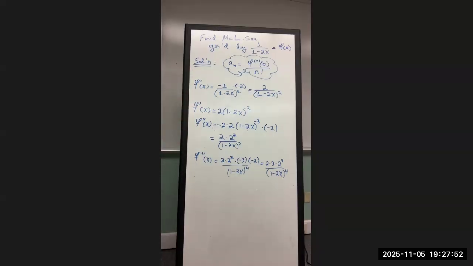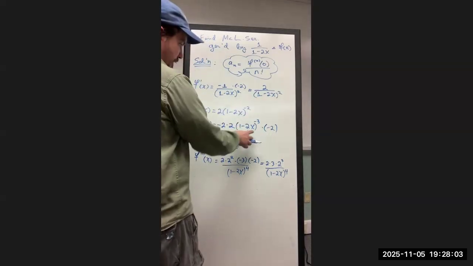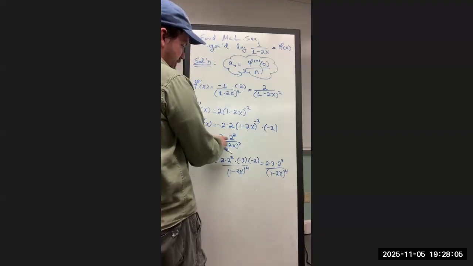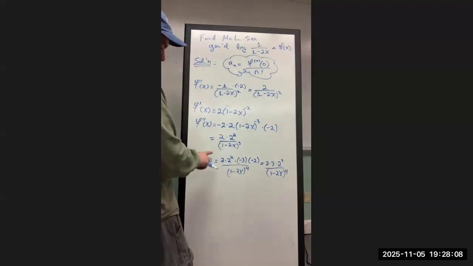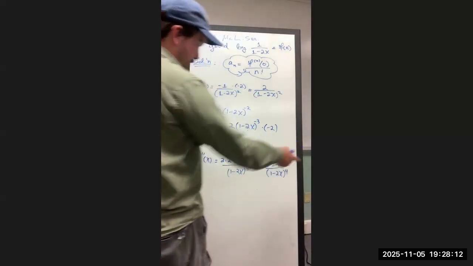All right, I think 3 derivatives hopefully should get us there. So if we plug in 0 for each of these, then the first one I'll get 2. The next one I'll get 2 times 2 squared. The next one I'll get 2 times 3 times 2 cubed.